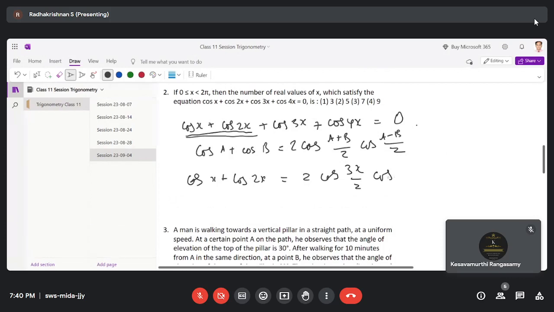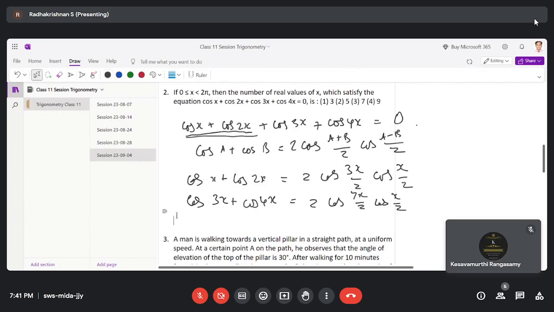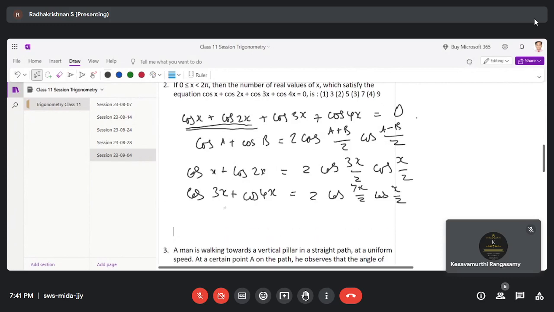But cos of minus x by 2 is cos x by 2. And I'll write it as cos x by 2. By the same logic, this will be cos 7x by 2 into cos x by 2. So you see there is a common factor here. That is what makes it easy to solve the problem.